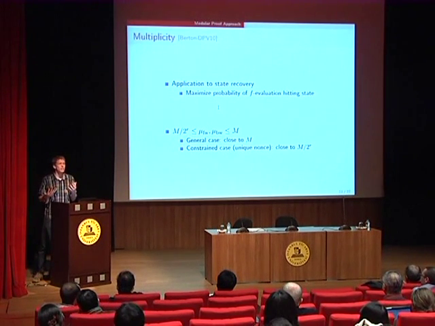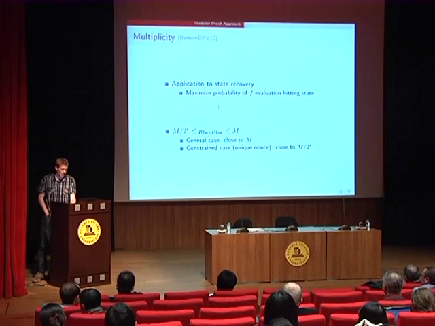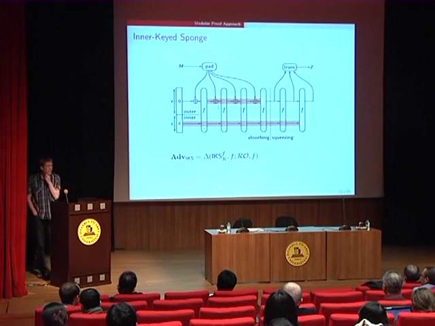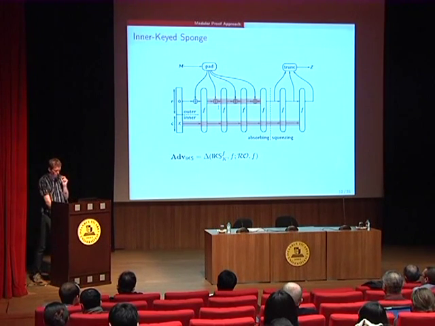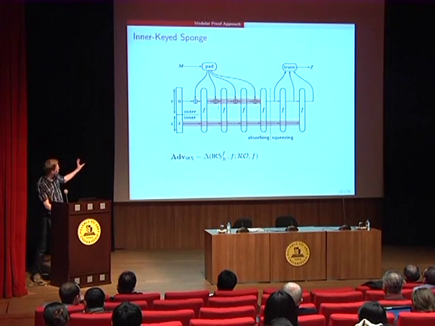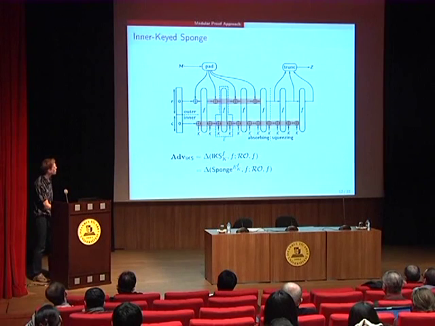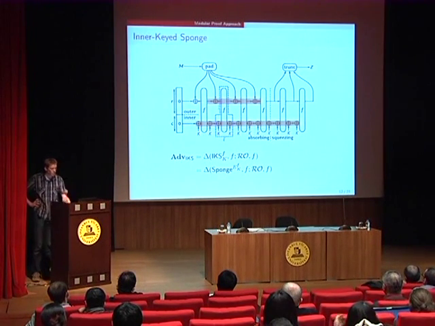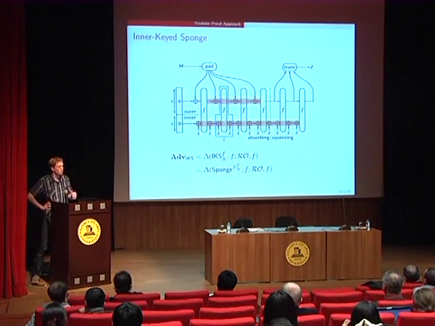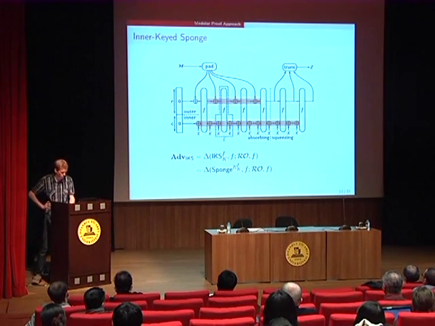So let's first go to the schemes and the new security bounds, starting with the inner keyed sponge. Recall that the inner keyed sponge can equivalently be described as follows, where we have this Even-Mansour block cipher using the key k. The first step we perform is to simply replace this block cipher by a random secret permutation pi.